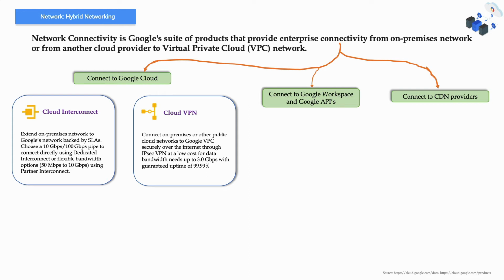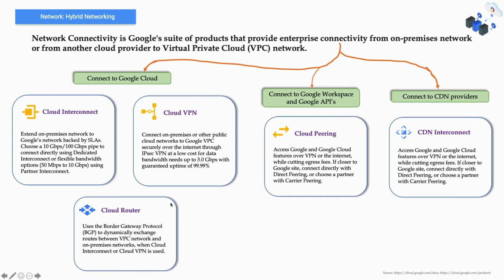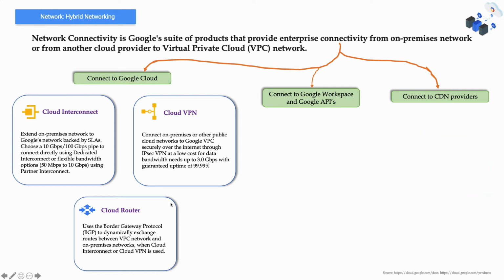Now, next one is Cloud Router. Cloud Router is a fully distributed and managed Google Cloud service that uses the BGP protocol to advertise IP address ranges. It programs the dynamic routes based on BGP advertisements.